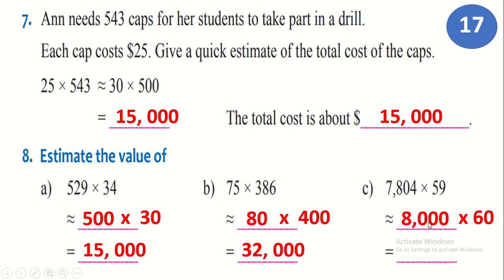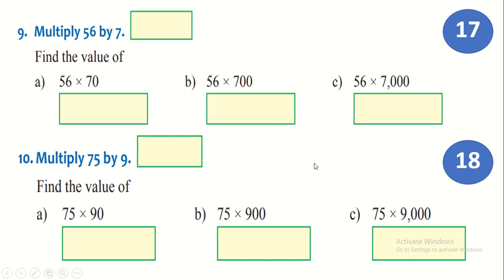How many zeros? 1, 2, 3, 4. 4 zeros. You write 4 zeros first. And then 8 times 6. 6 times 8 is 48. The answer is 480,000. Okay, 1, 2, 3, 4 zeros. Correct, students?